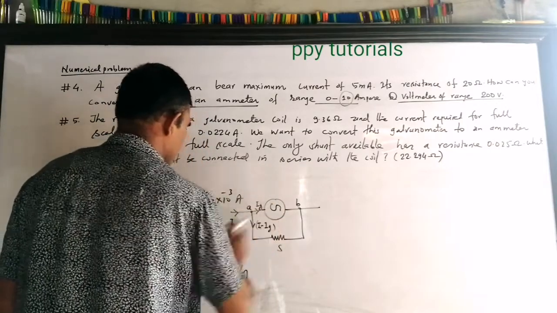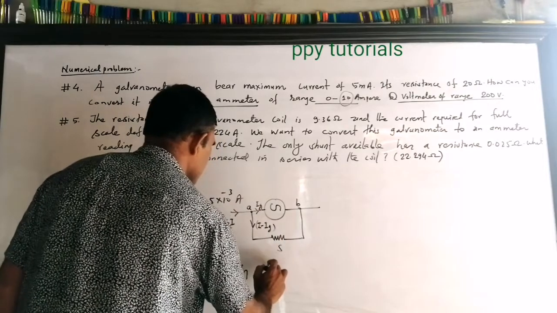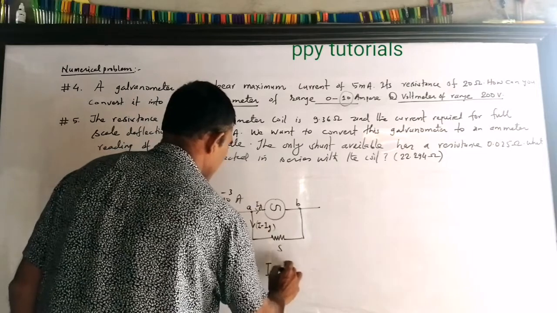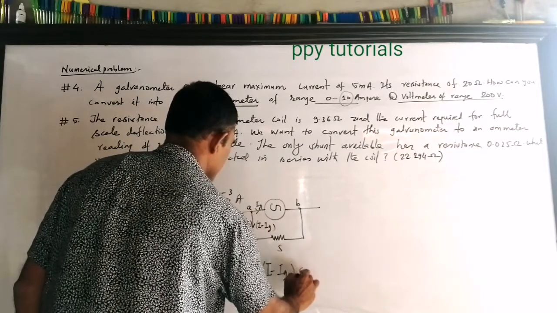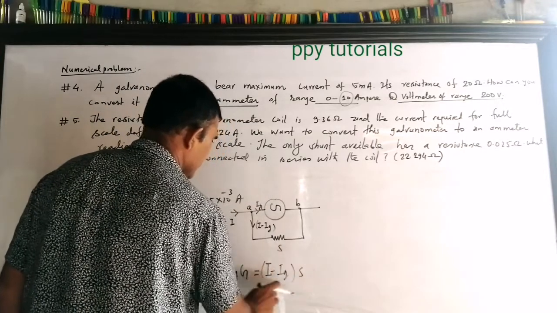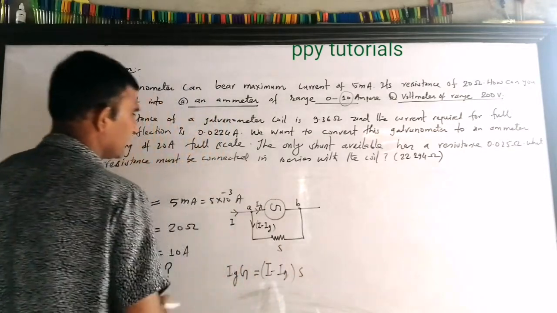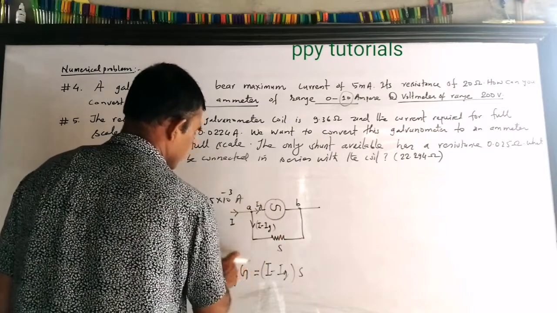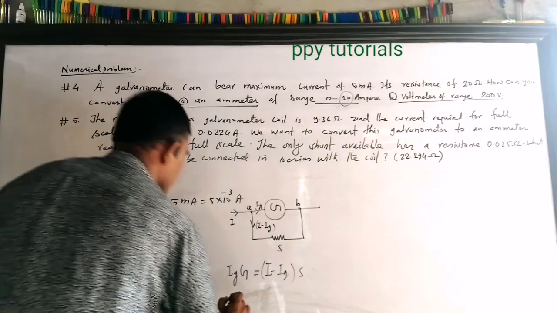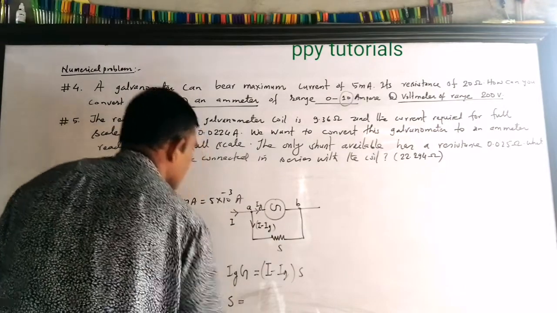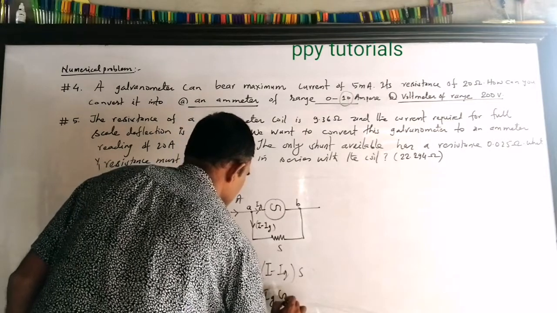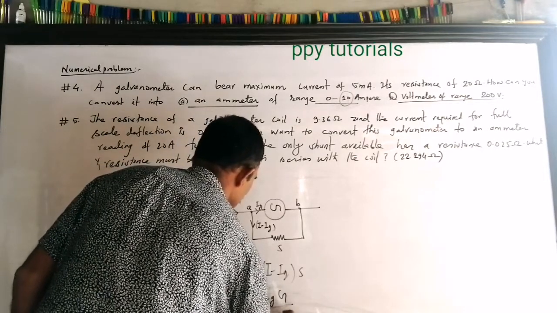Potential difference across the galvanometer equals potential difference across the shunt, and so the current here is I minus Ig, and the shunt is S. This is V equals IR, this is V equals IR. Here the current is I minus Ig, here it is Ig, and the resistance on the left side is G, and the resistance on this side is S. So what do you want to find now? Tell me. The shunt.